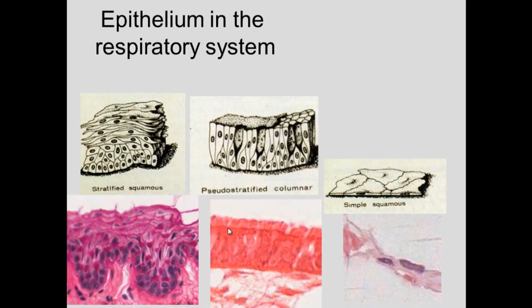And we see the cilia there, we see the basal bodies, the black line through there, and we call that respiratory epithelium because that lines the conducting portion of the respiratory system most of the time. And then also there's simple squamous epithelium, and that's what lines the respiratory portion of the respiratory system. The alveolus and alveolar ducts would have a simple squamous epithelium, which is a cell that actually touches the air.